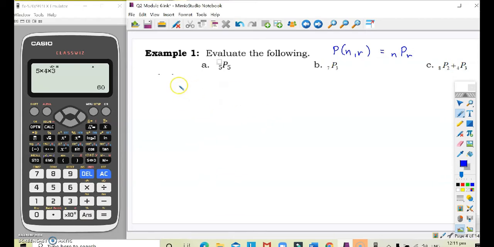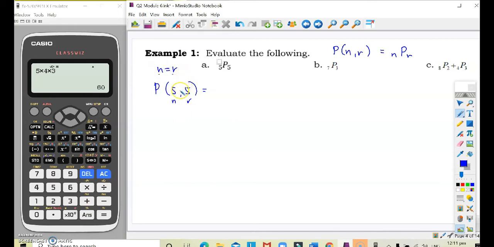Therefore, if we have permutation of 5 objects taken 5 at a time, we can also write it in this form. Following the formula, N is 5 and R is also 5. That means in this case, N is equal to R.